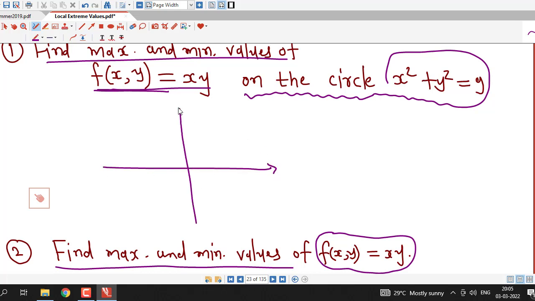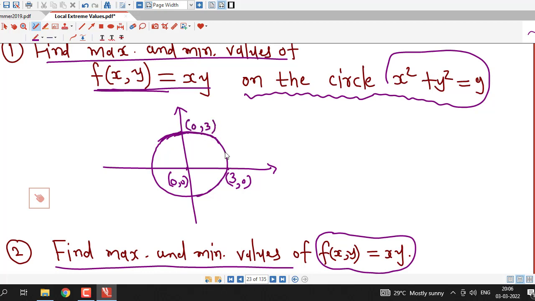We have a circle with center origin and radius 3. Suppose this is the center, and this distance is 3. Now on the circle there are an infinite number of points.